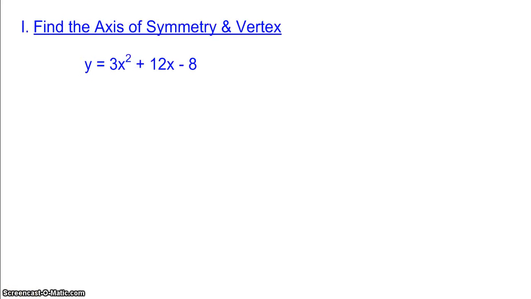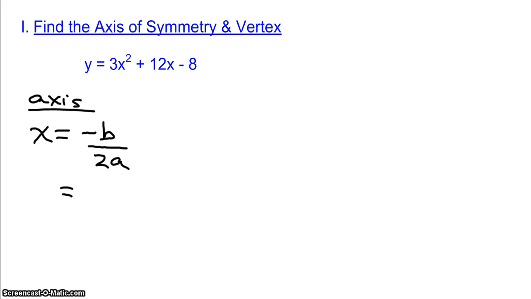So the first question is, can you find the axis of symmetry and the vertex? So go ahead, pause the video, come back and see if you found it. So the formula we need for the axis is, everyone, x equals negative b over 2a. So when we plug in b this time, b is a positive.